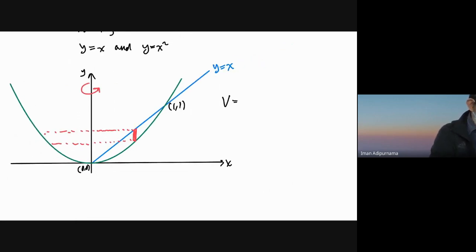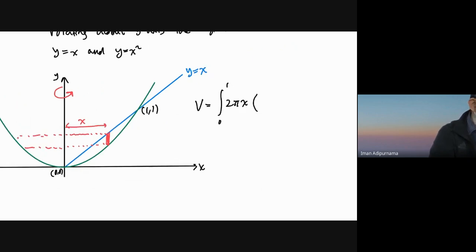the volume will be evaluated from 0 to 1. And again, this will be x, because it will be changing every time, it's variable x, right? So 2 pi x. And then the height will be x minus x squared. Oh, sorry, I forgot to mention y squared. And then the x.